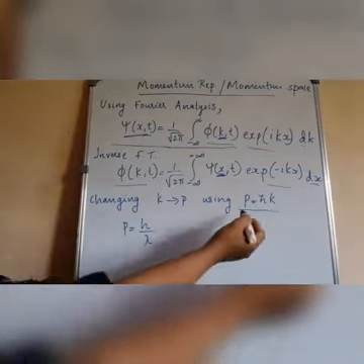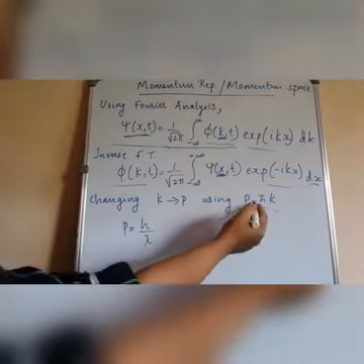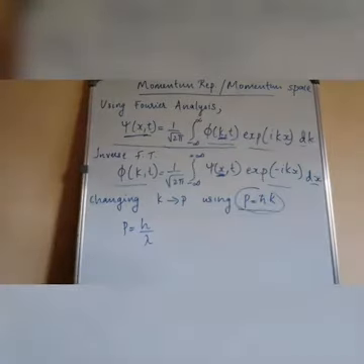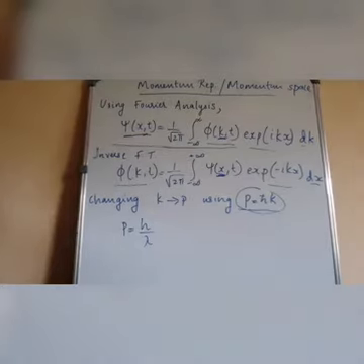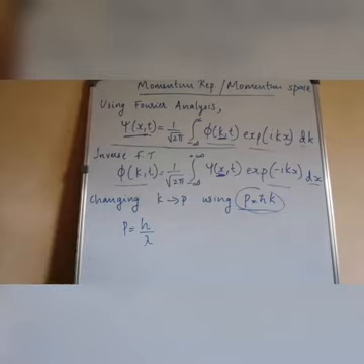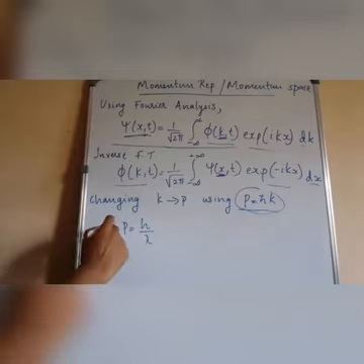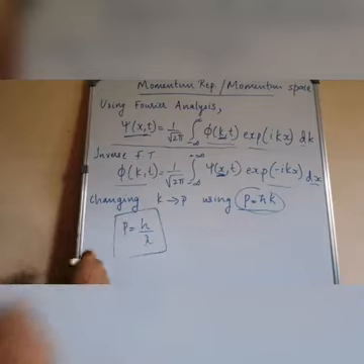For that we have to use this equation. So how do you get this equation? This is from the momentum value from the de Broglie relation.